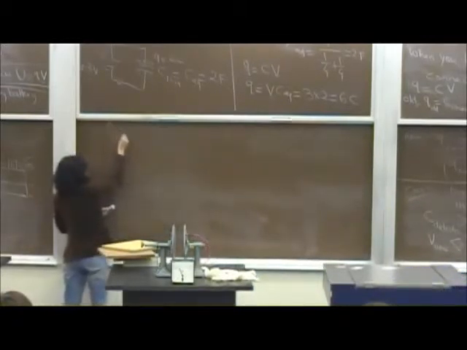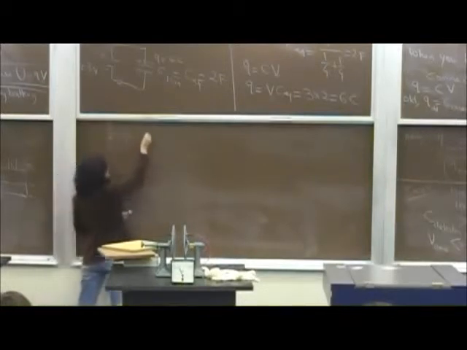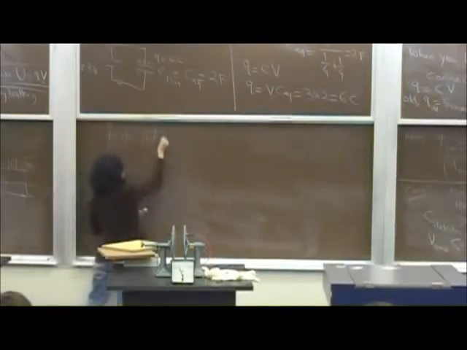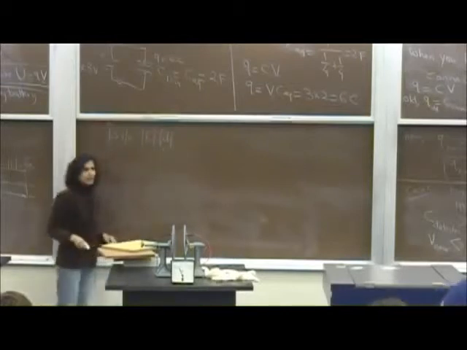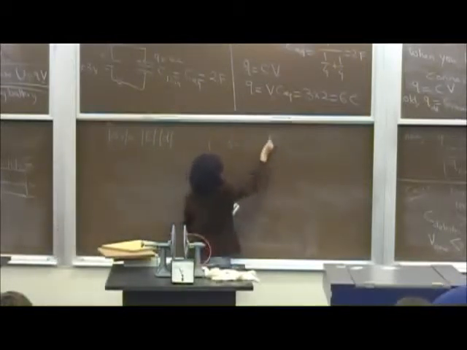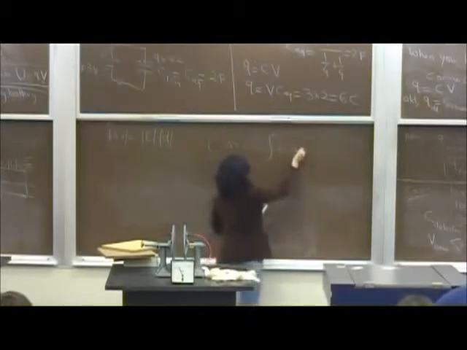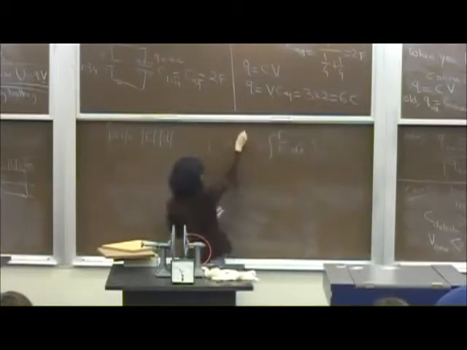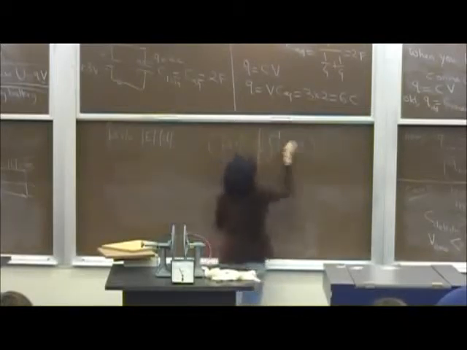So remember we said delta V should have a magnitude of E times the distance between the two plates. This came from delta V is equal to minus integral E dot dl from initial to the final. I'm not going to worry about the minus sign, so I just took the absolute value.